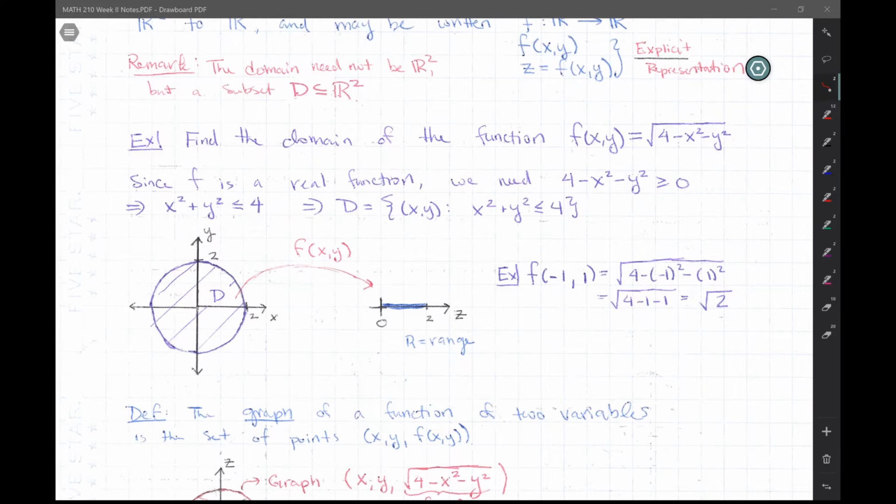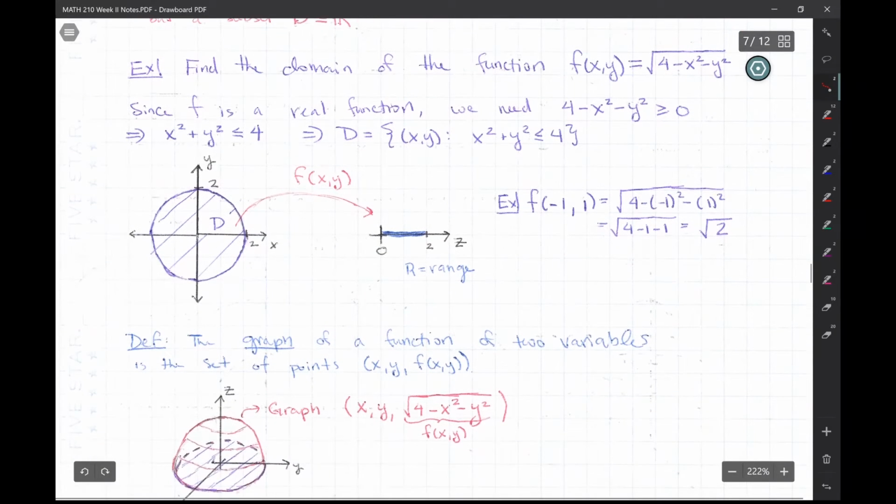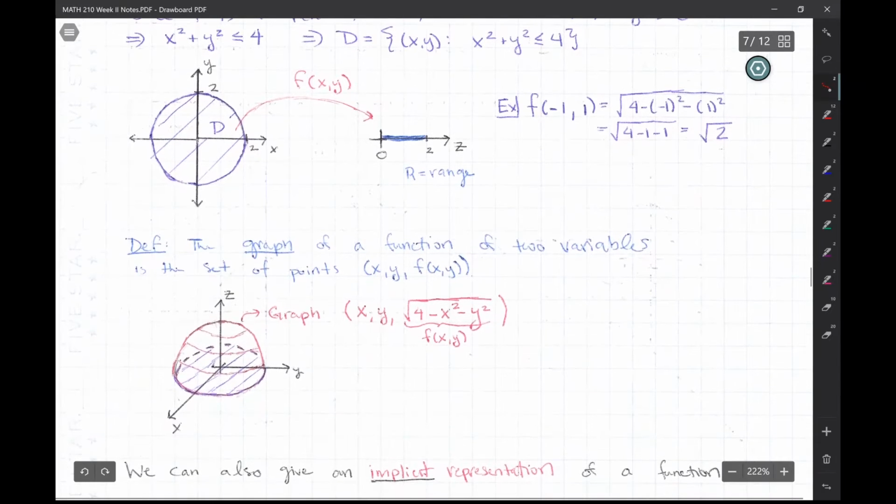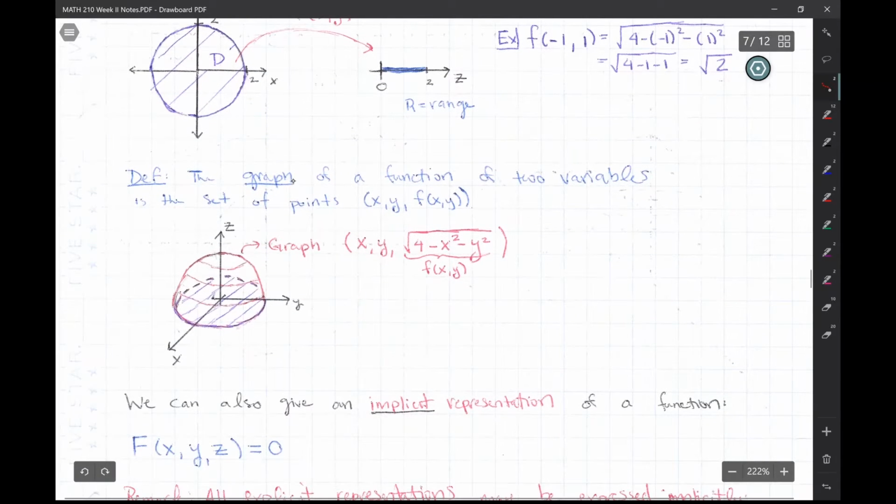So one way we could represent functions of two variables graphically is by looking at the graph of a function. Now, the graph of the function is composed of the points x, y, and for the z, you put in the value of f(x,y), okay?